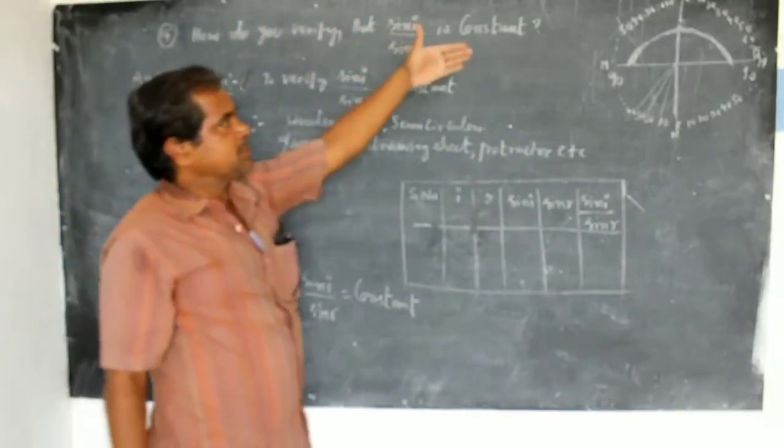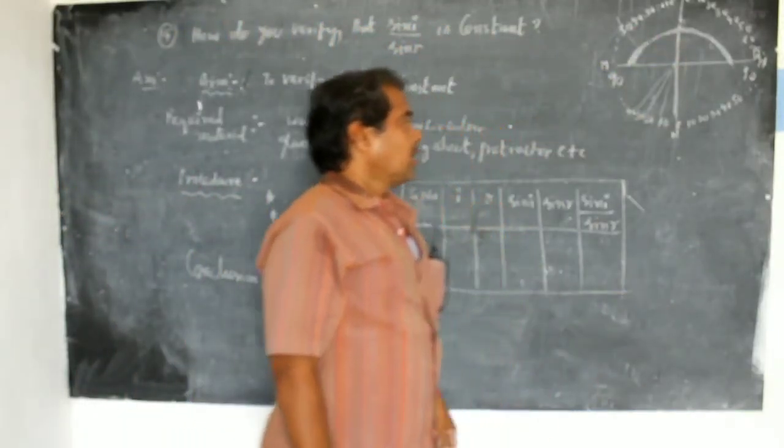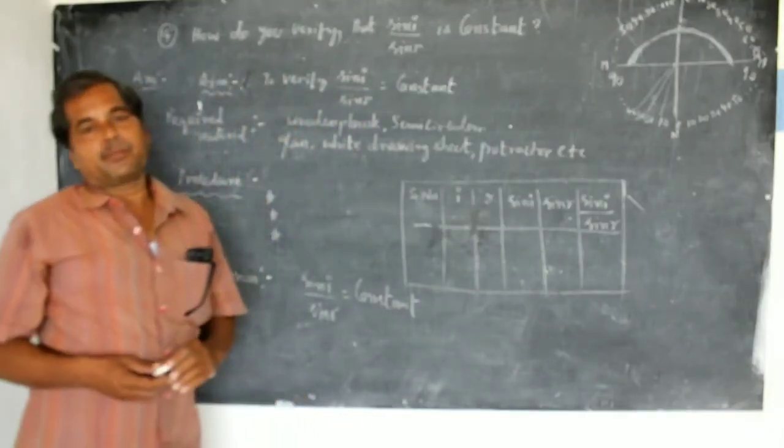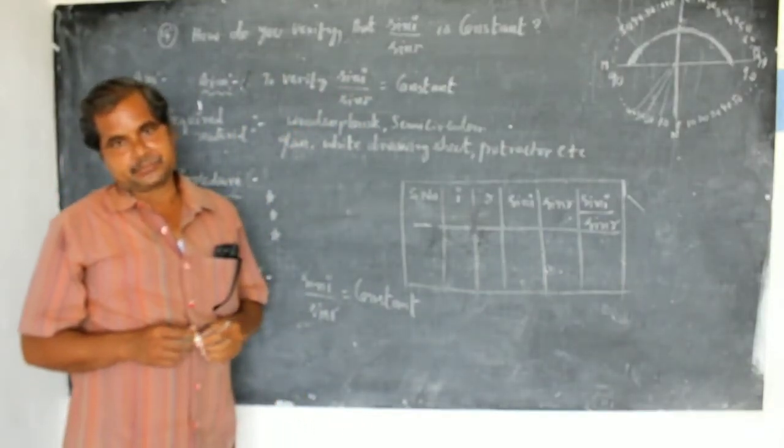Here we are using semicircular glass, and in another way we take one circular metallic disc.